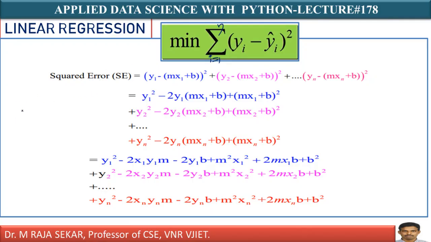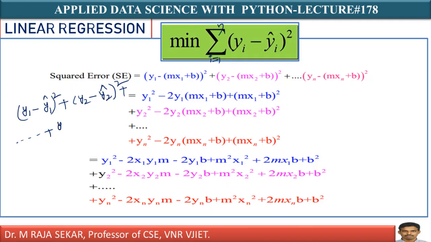If I equal 1, it is y1 minus y1 cap whole square, plus, for i equal to 2, y2 minus y2 cap whole square, plus so on. What is my last value of i? It is n.